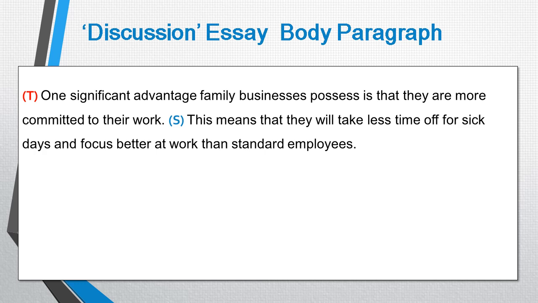So we can support that by explaining that this means that they will take less time off for sick days and focus better at work than standard employees. You can see how this gives more information and supports the point of view that family businesses and their workers are more committed to their work.